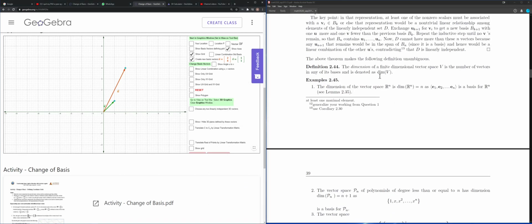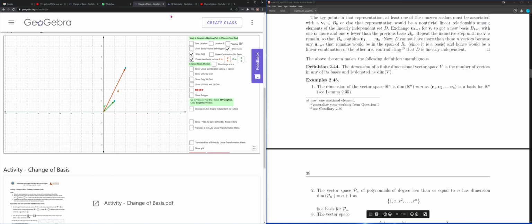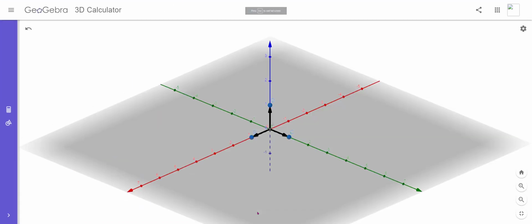Alright, so let's look at the dimension of certain vector spaces. We just saw that R2 is two-dimensional, because any basis for R2 has exactly two vectors in it. Now if we consider R3, a basis for R3 would be your i, j, and k: (1, 0, 0), (0, 1, 0), and (0, 0, 1).